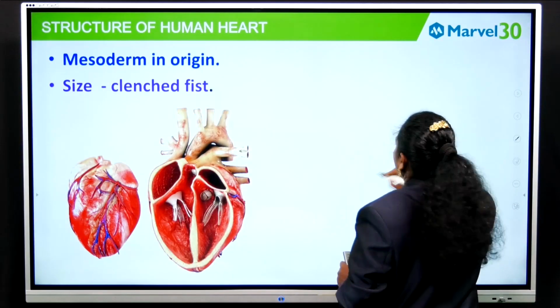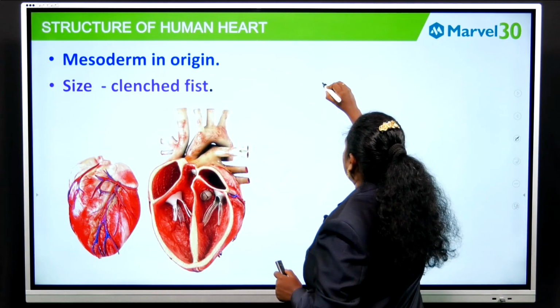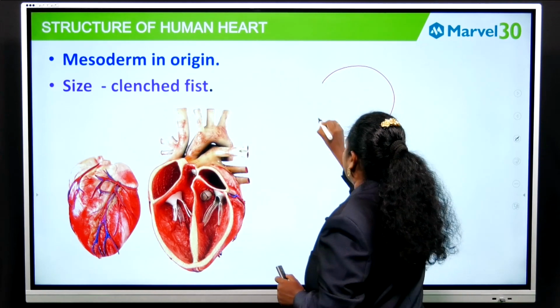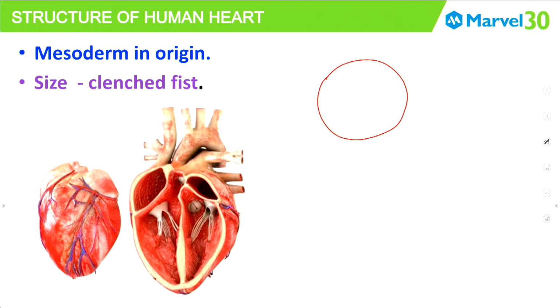Here this is actually a blastocyst. Here you can see the trophoblast cells, and this is the ICM, inner cell mass. This is actually the blastula stage.